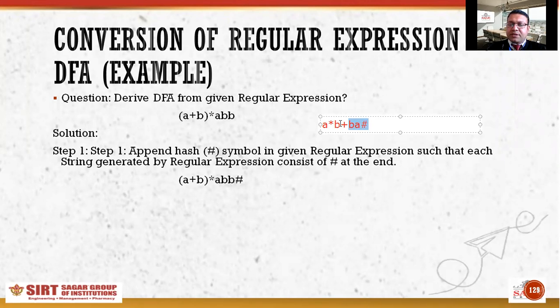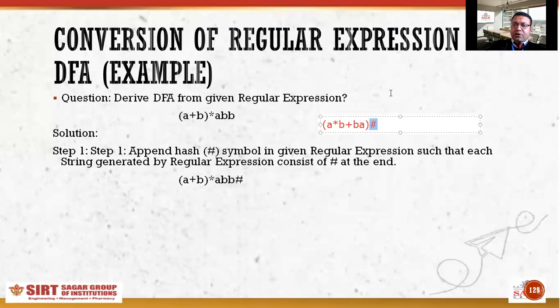The strings generated by a*b will never consist of hash at the end. So we have to use brackets first, and then append the hash symbol. Now you will be able to understand why each string generated by the regular expression should consist of hash at the end. You have to keep this in your mind.